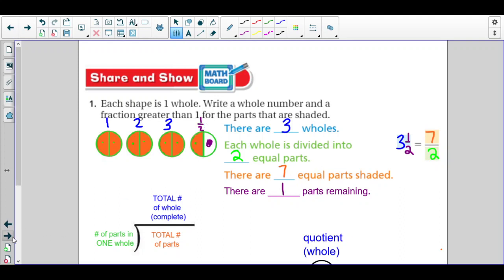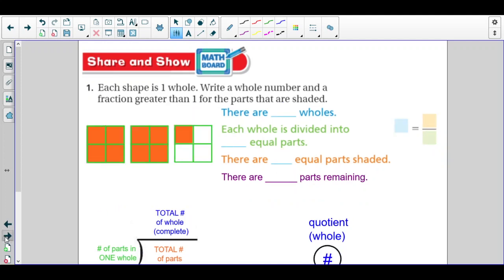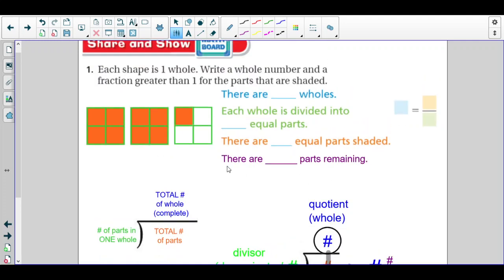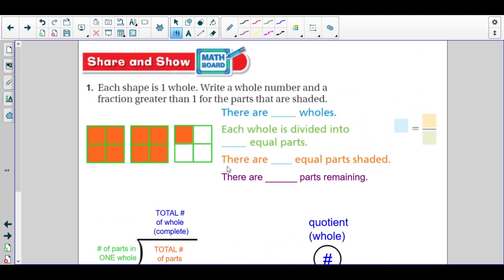All right, let's move on and look at another example. How about this one right here? There are blank holes. So how many whole sections do I have here?